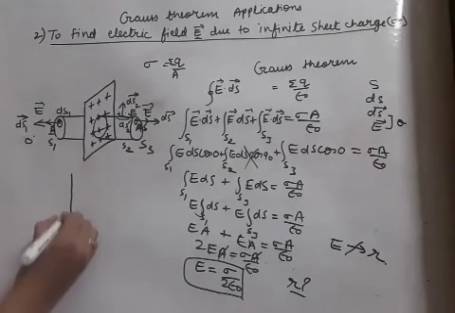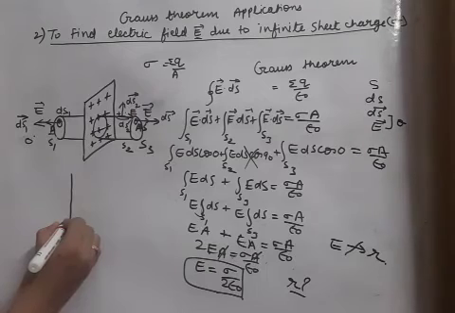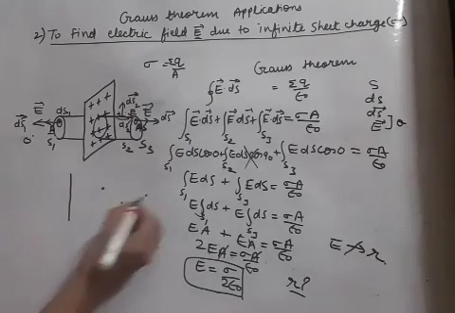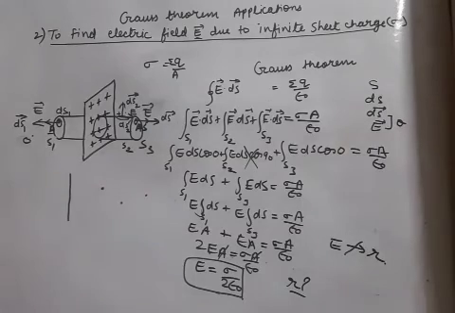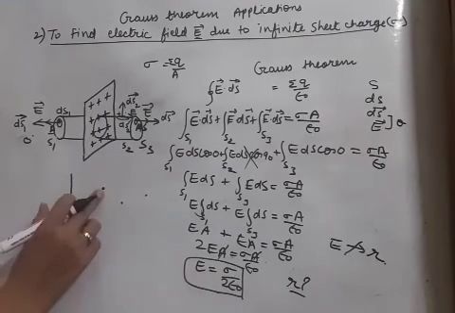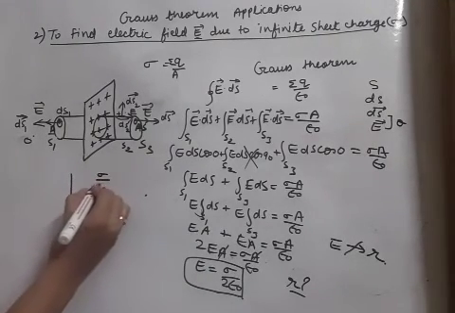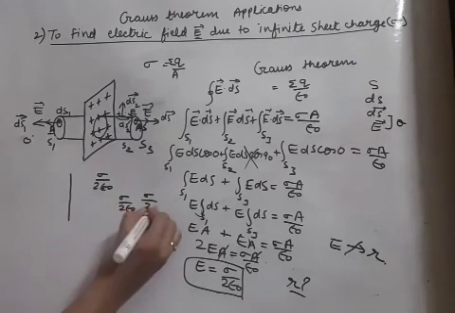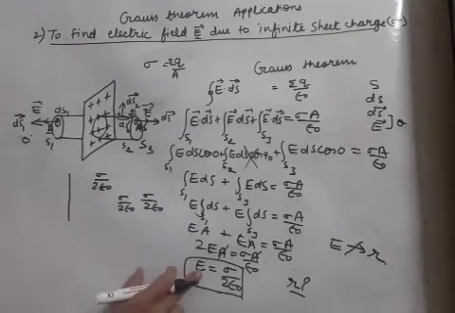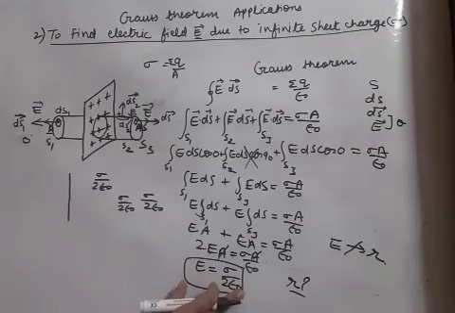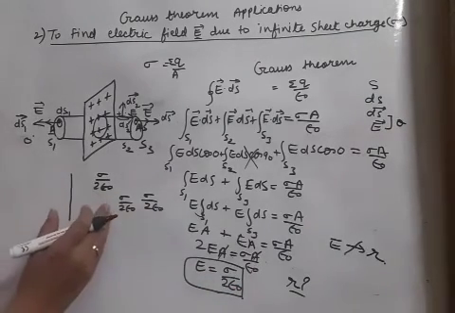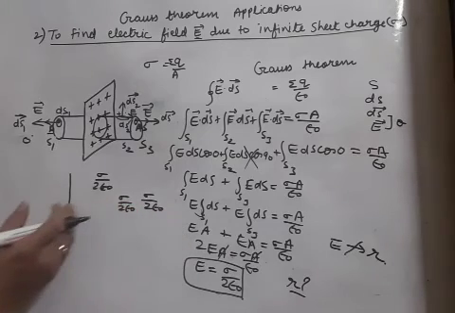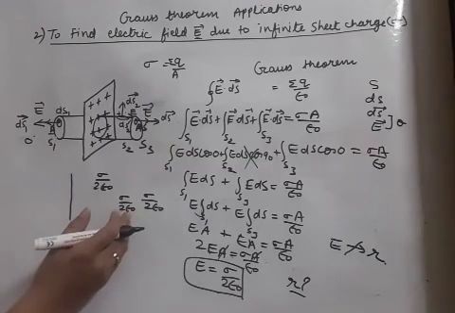So for any sheet, whether we are at this point or this point or this point, that means at any distance we go, the electric field formula will remain the same. That means electric field will remain the same. So electric field at all the locations at different distance from the sheet is same.